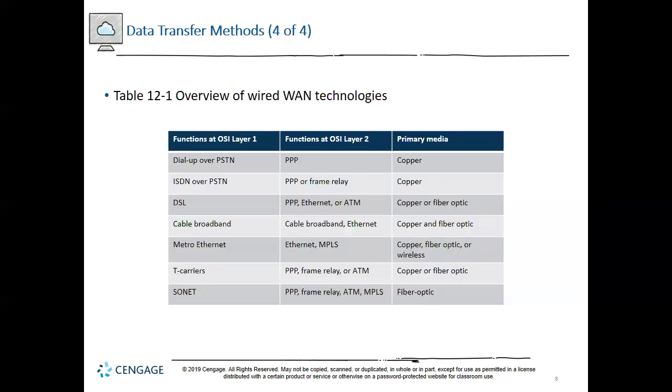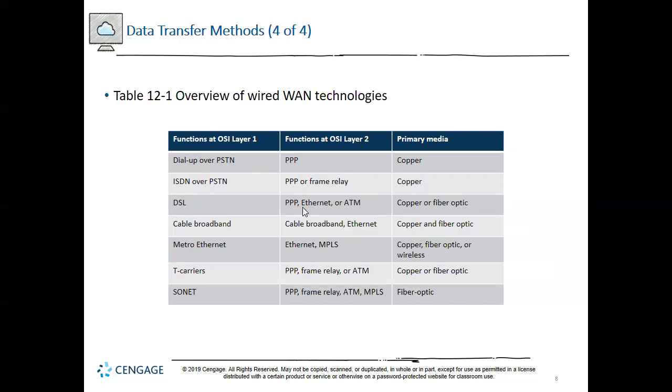And yeah, so here we have some of the different ones. As we're going down here, we're getting to the more modern, bigger, more expensive solutions. All right, so our simplest solution, dial up over the publicly switched telephone network with a point-to-point connection, PPP, on copper.